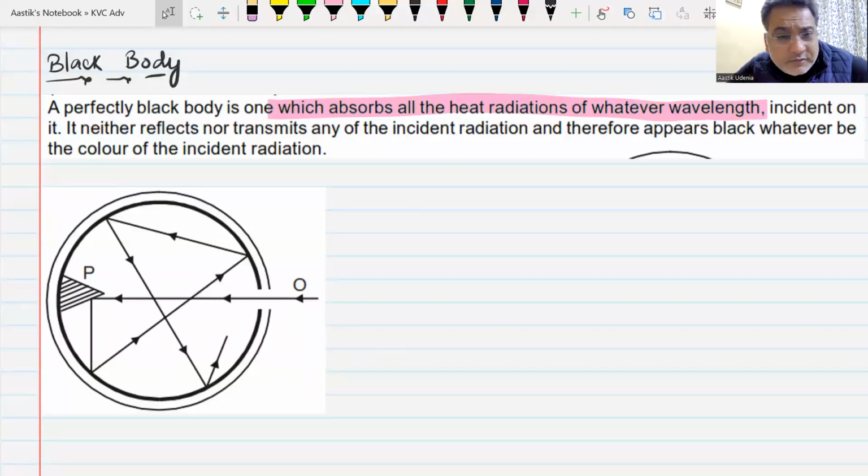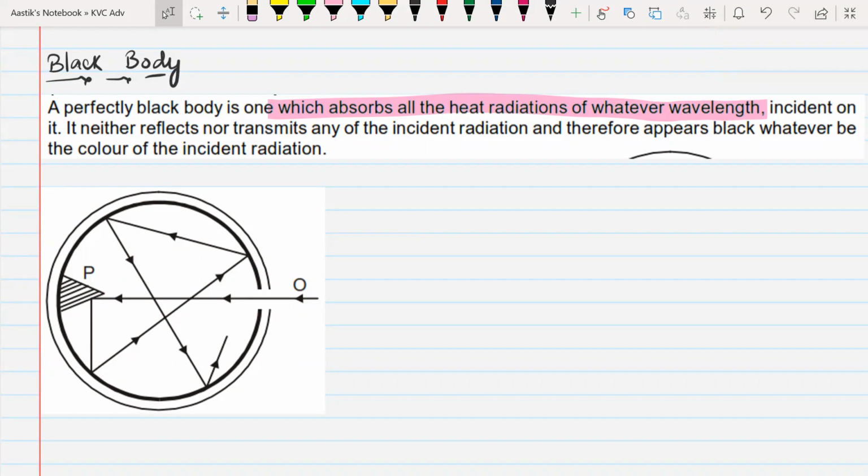Let's now move ahead and see some terms and try to understand their meaning. Remember, this entire chapter is about understanding the various terms that are going to come. If we understand those terms nicely, this chapter is done.